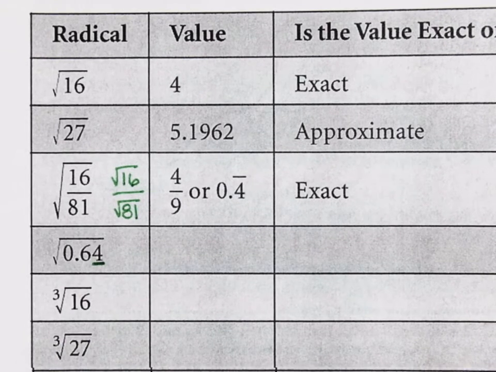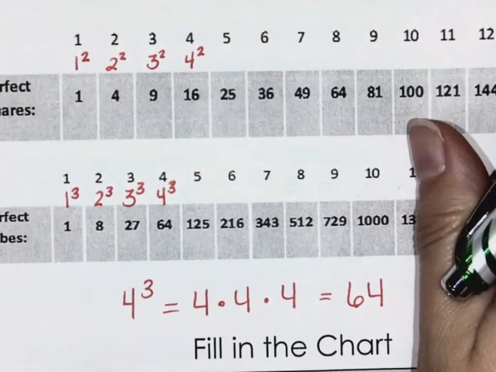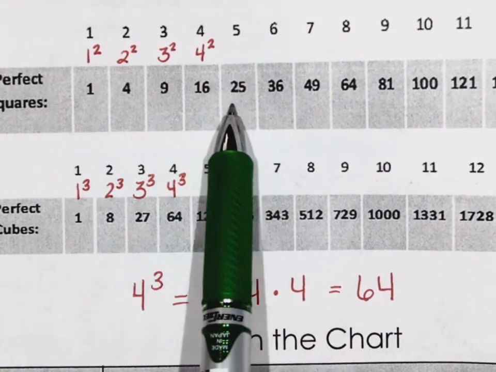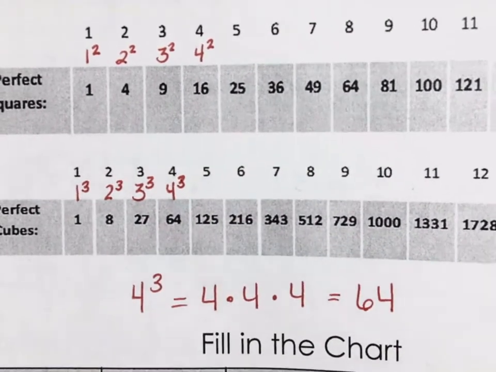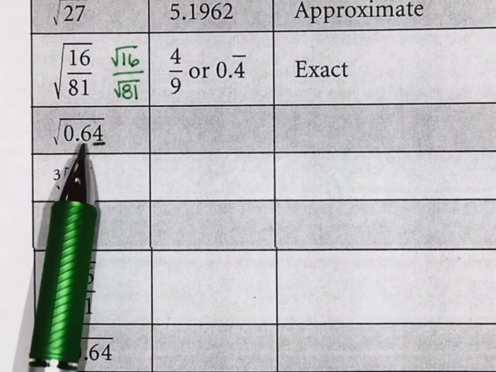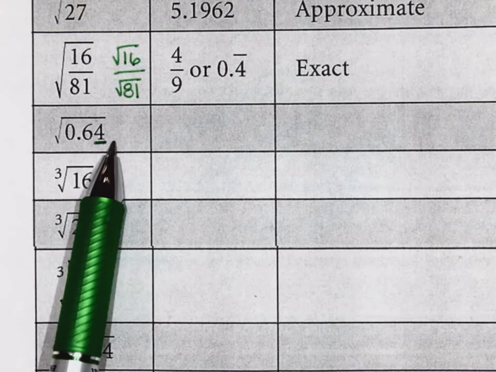Is 100 a perfect square? It is. Is 10 a perfect square? Go back up to your list. Is it in this list anywhere? No, it's not. So 10 is not a perfect square. But because this is in the hundredths place, is 64 a perfect square?